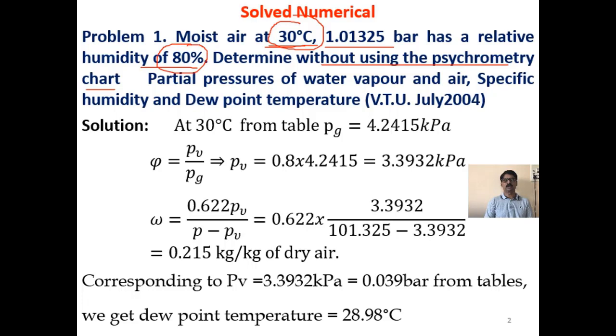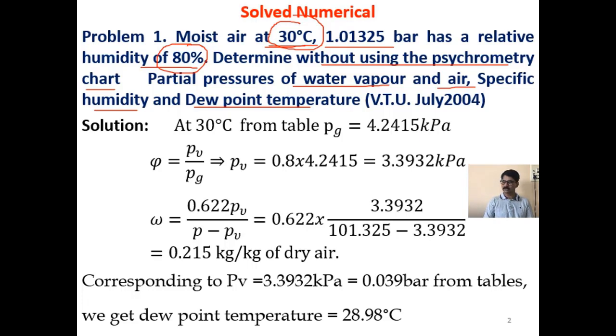So easily you can locate the point on the psychrometric chart and you can find out the various parameters. But here, without using the psychrometric chart, you have to calculate the partial pressure of water vapor, air, specific humidity and dew point temperature. Now all of you open your steam table.